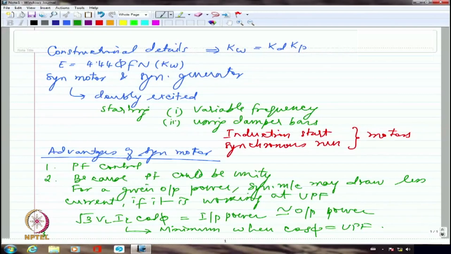So I have to make the air gap as small as possible, so that the magnetizing current drawn in the case of an induction machine becomes as small as possible. So I can't afford to have a little larger air gap. Whereas in a synchronous machine, I can afford to have a little larger air gap. Maybe there is some kind of load which is going to have a little torsional motion.